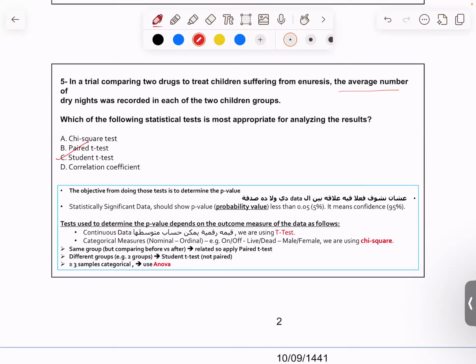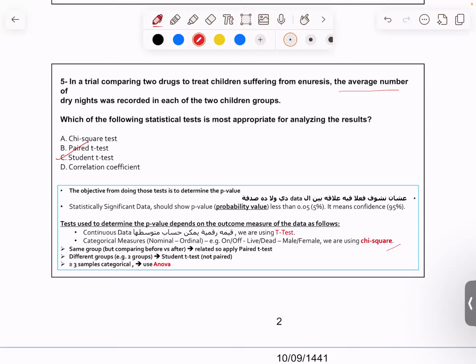If the data is categorical, we will use the chi-square. The keyword here is average number. When we say average, it means mean, M-E-A-N, in the normal distribution, which means it's continuous data. That means we need a t-test for the average. That is the reason we need the student t-test.